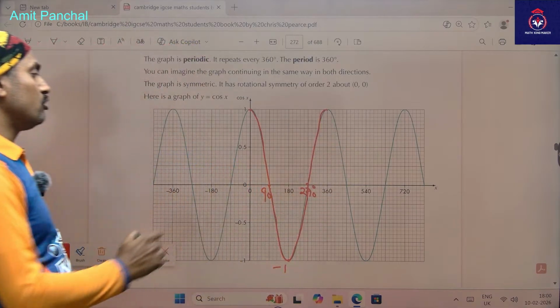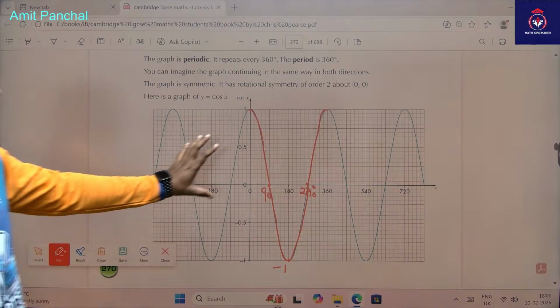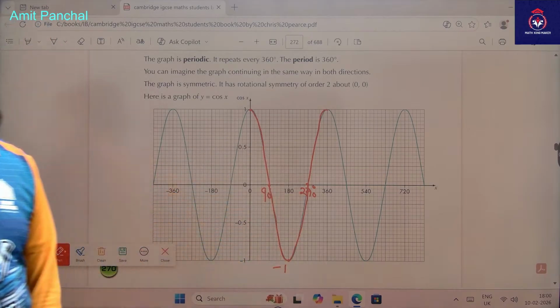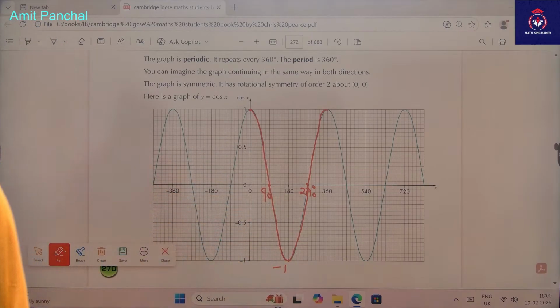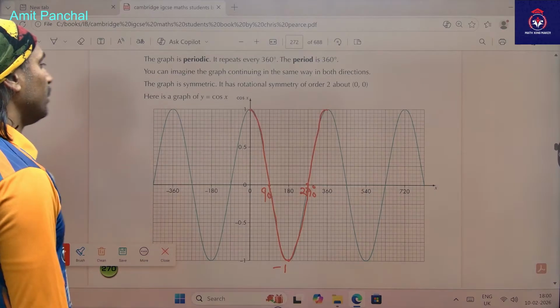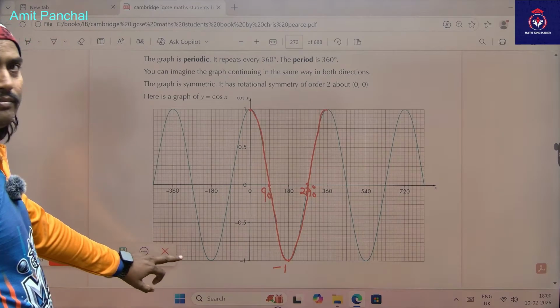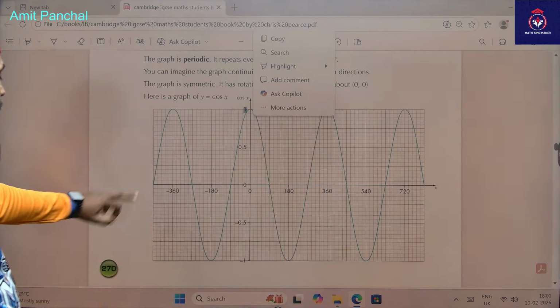So it also completes its cycle in 360 degrees and repeats its values after every 360 degrees. That will be the cosine graph.